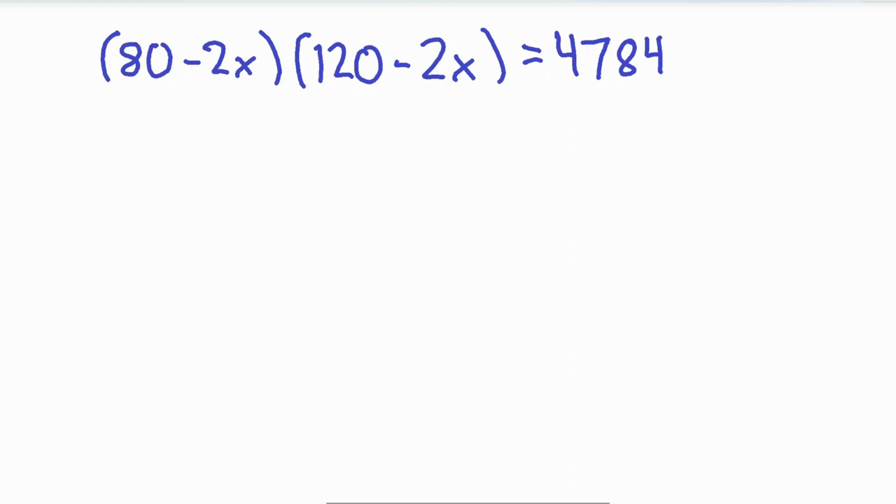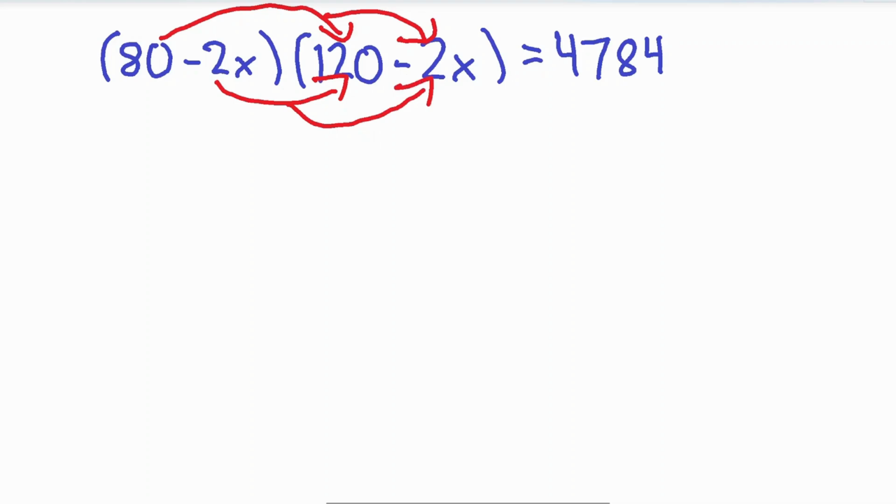First thing we want to do is simplify the left side, which means let's multiply the two terms together. Inside each set of parentheses there are two terms, so we multiply 80 by 120 and negative 2x, and we multiply the negative 2x, this is also negative 2x, times the negative 2x.